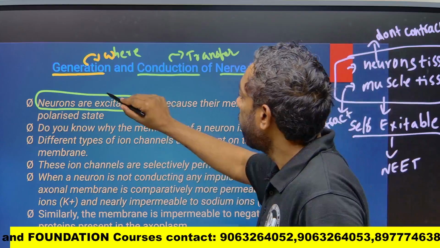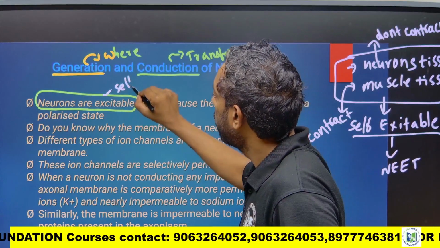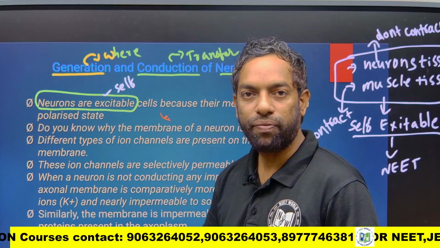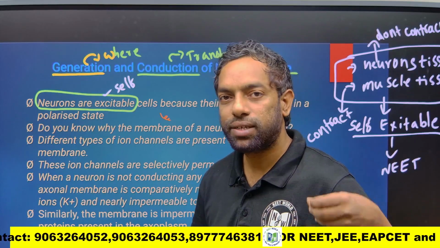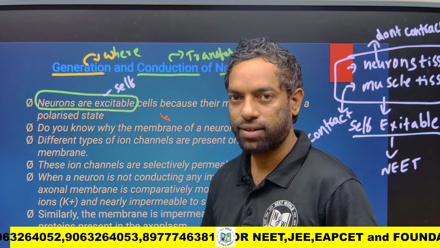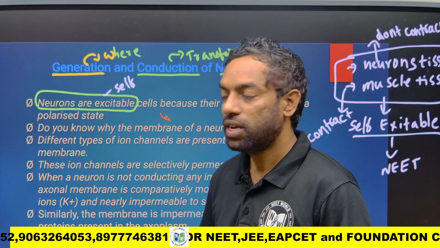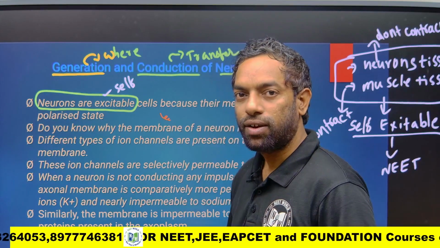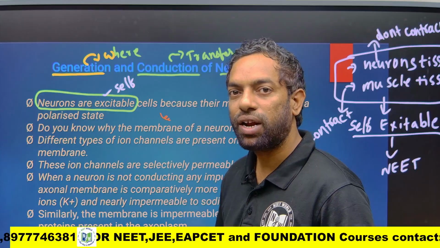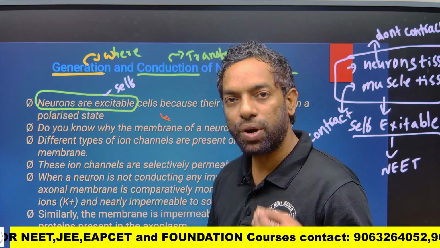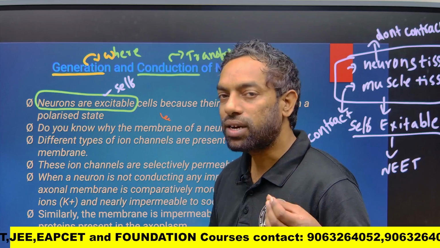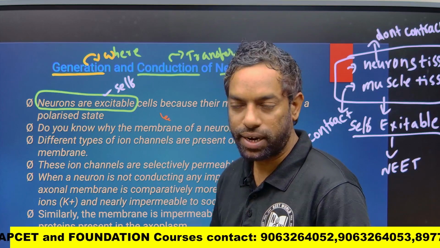Muscle tissue can contract with the motor neuron, the motor unit, which is the combination of neuron and muscle. If we come to the neural cells, they do not contract, but they are excitable.